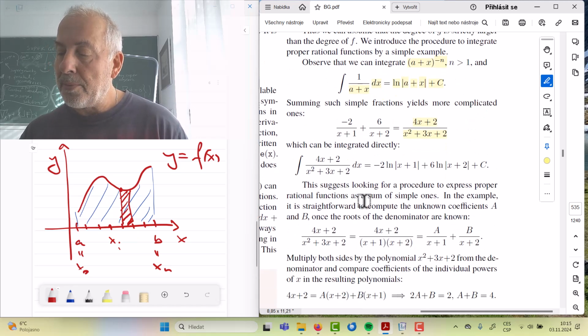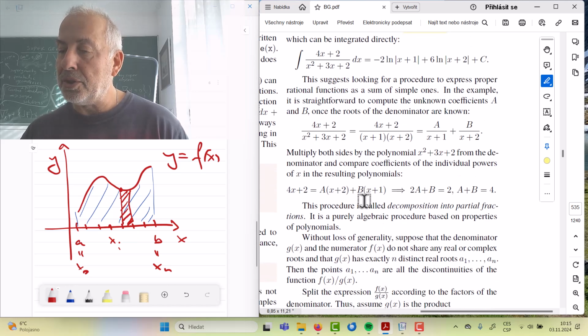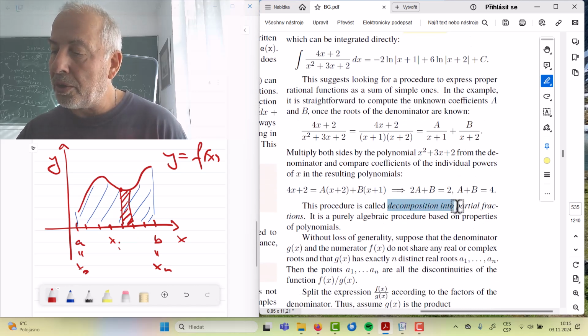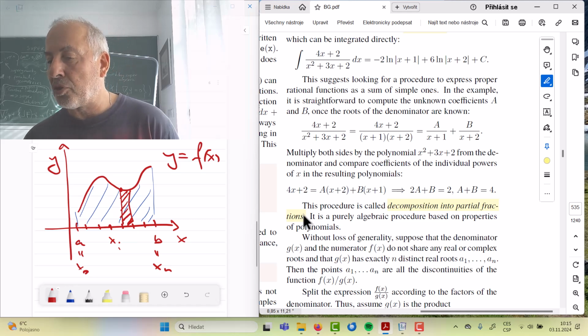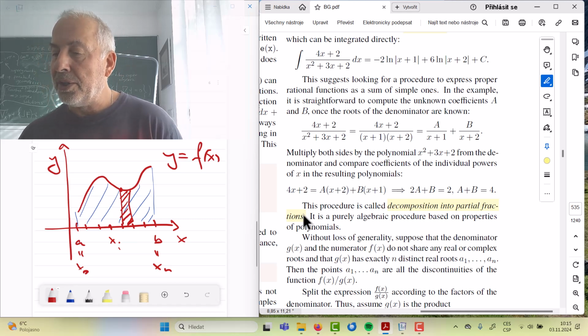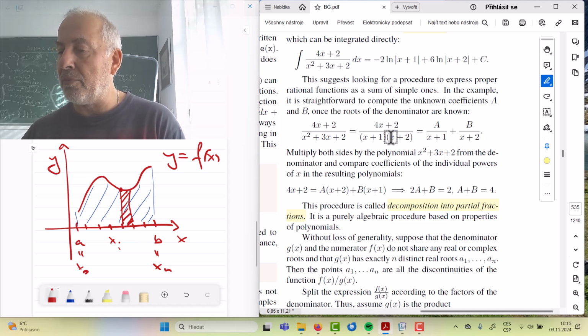And this is called the decomposition in partial fractions.